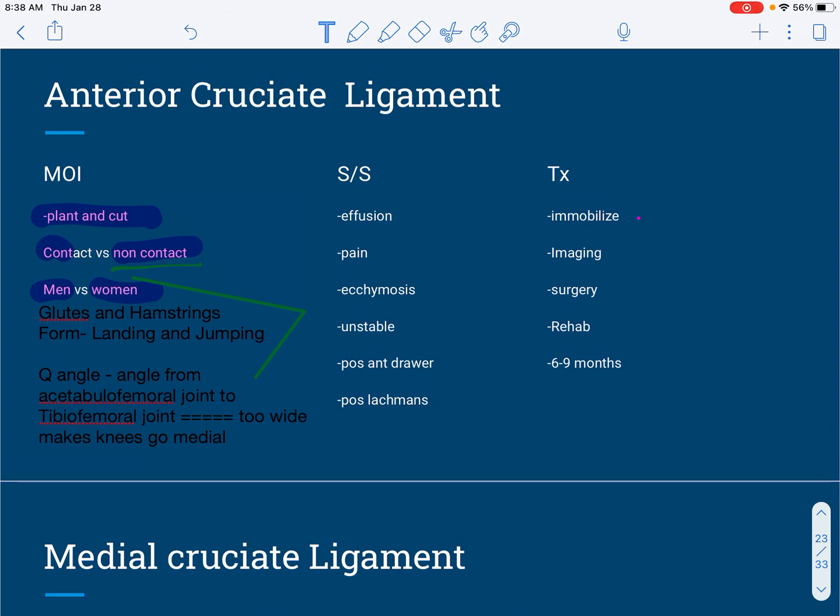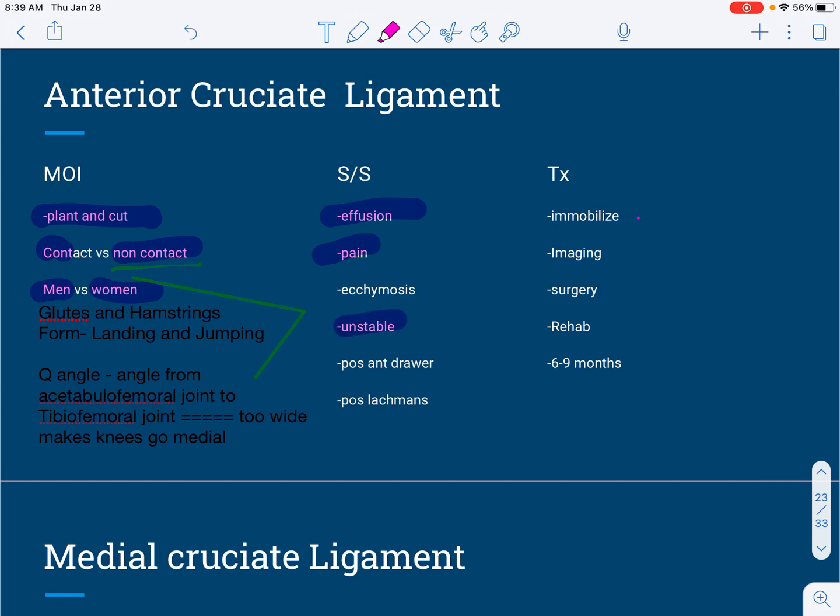So, signs and symptoms. If somebody tears their ACL, very often there's going to be effusion fairly soon. Maybe not immediately, but within 15 minutes of the injury, you're going to start to have some effusion. Later into the night, it's going to be very swollen, painful, with some minimal ecchymosis. There'll be some instability.